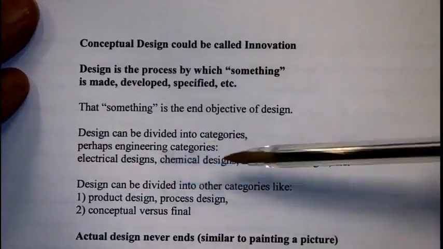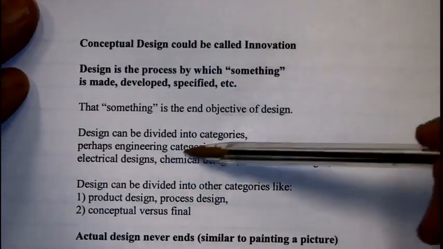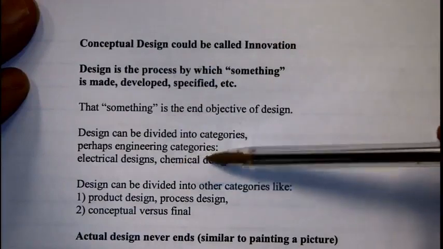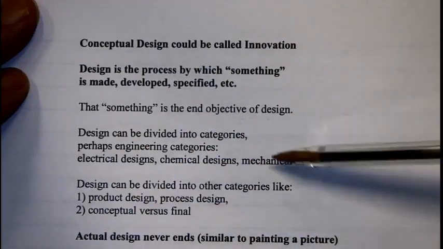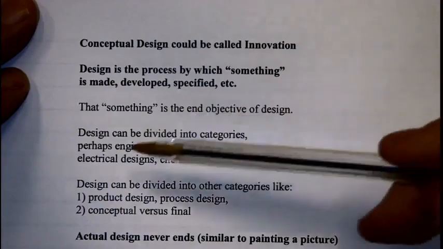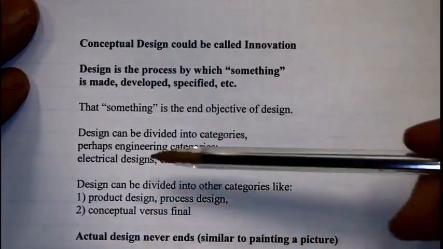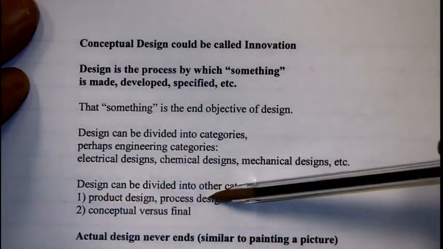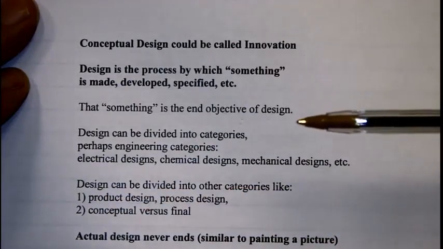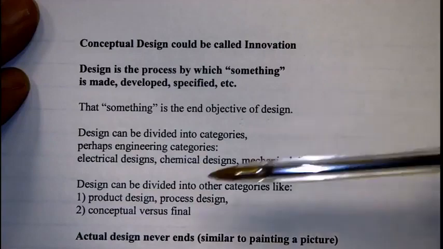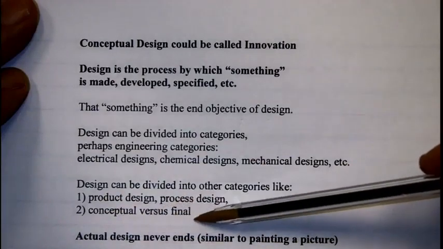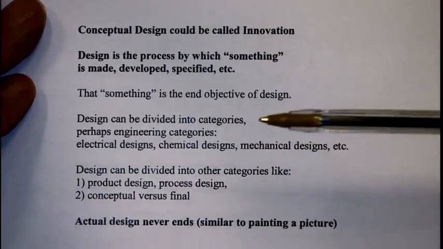You can have electrical designs, chemical process designs, or product design, and mechanical designs. Design can be divided into other categories, like product design versus process design, or conceptual design versus incremental design or final design.